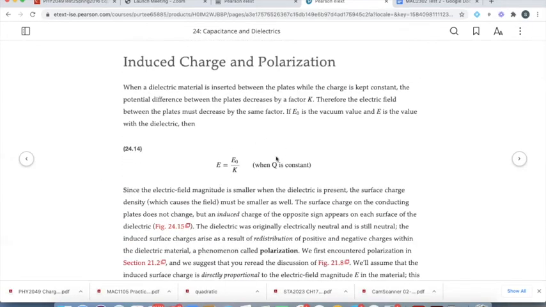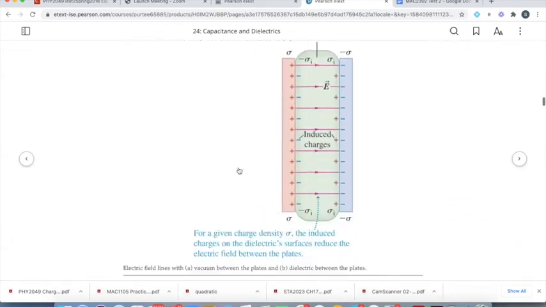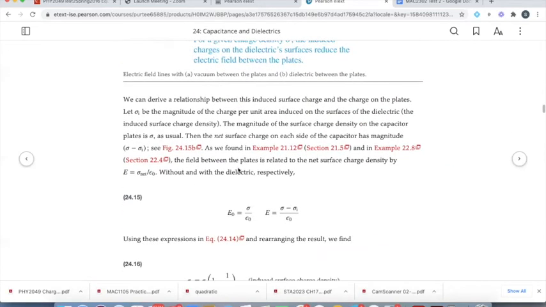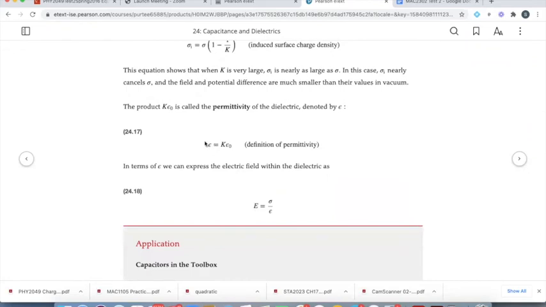Okay, so our electric field is going to be modified by this dielectric constant, which then in turn essentially modifies the permittivity of our new material. We call this new permittivity, instead of epsilon naught that we've been dealing with all semester, just new epsilon. That's our dielectric permittivity of this material.